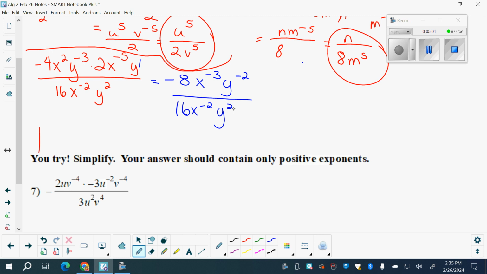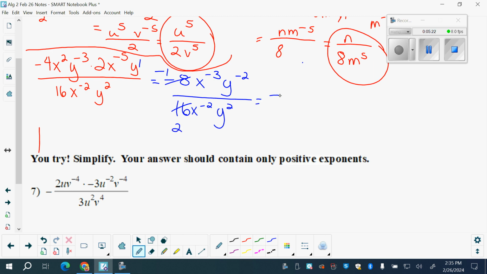And so now we want to simplify by subtraction. So when we divide, we can subtract. So let's go ahead and simplify the 8 and the 16. What goes into both of those? 8. So this stays -1, and this becomes 2.